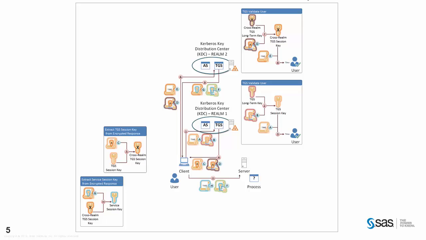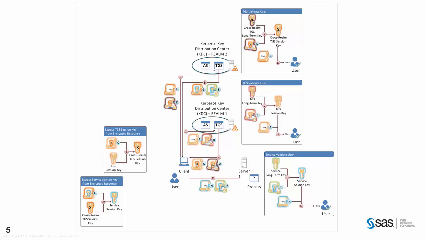Within this message is the service ticket from the KDC in realm 2, shown as F, and a new authenticator encrypted with the service session key, shown as H. The service goes through the standard steps to validate the user, namely taking the service ticket F and decrypting this with its long-term key to obtain the service session key. With the service session key, the service can then decrypt the authenticator H and validate the user.